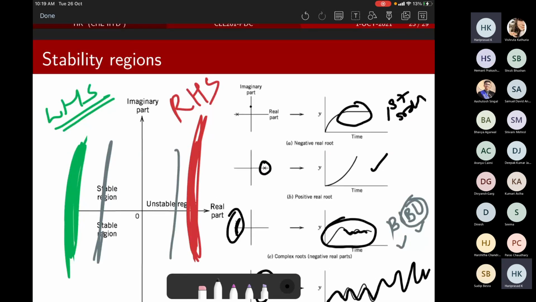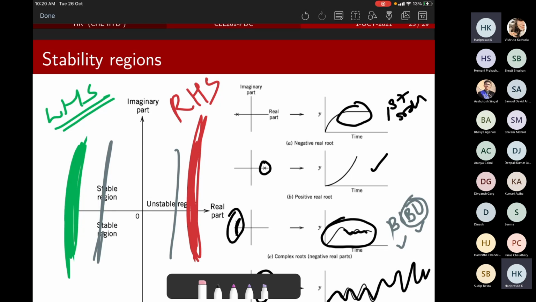Here, this is basically known as critically stable, which essentially means that this is the boundary condition. You would eventually try to call things lying exactly on the imaginary axis as unstable. Why? Because you don't have any guarantee or any margin, because these are all numerical numbers.